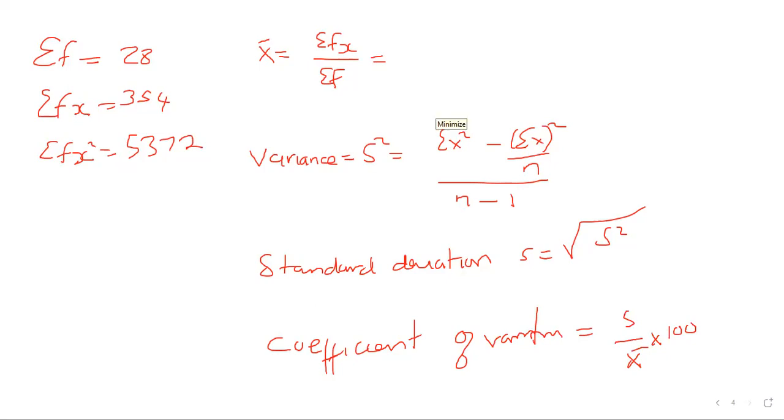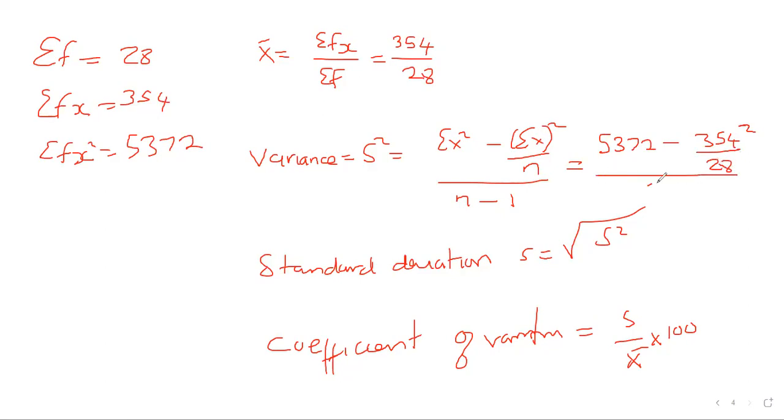Agatha, Chileshe, and Sula. What do we put here? 354 over 150 over 28. 5372, 354 squared over 28.